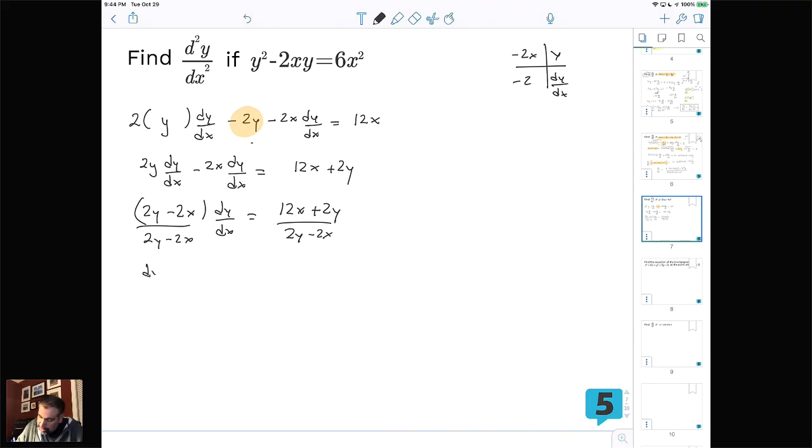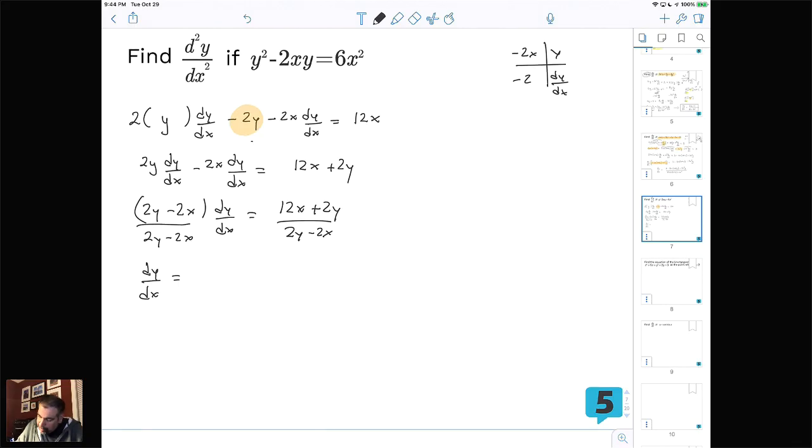And as we do this, we'll probably factor out a 2 from the top and the bottom. We'll end up with 6x plus y on the top, and 2 times y minus x on the bottom. And that will simplify to 6x plus y over y minus x. Okay, so I hope everyone's feeling good about this. And now we've got the first derivative.